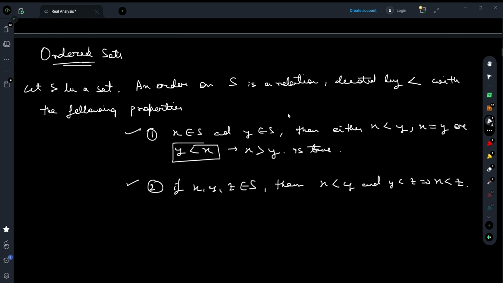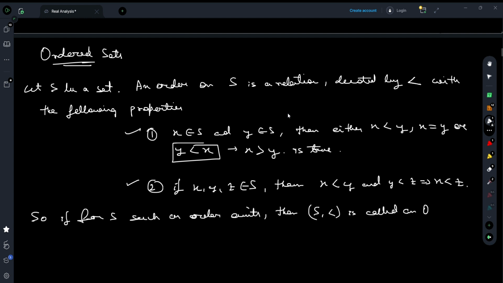These sorts of relations are called orders. So an ordered set is basically a set on which an order can be defined. If for S such an order exists, then S along with the order is called an ordered set.